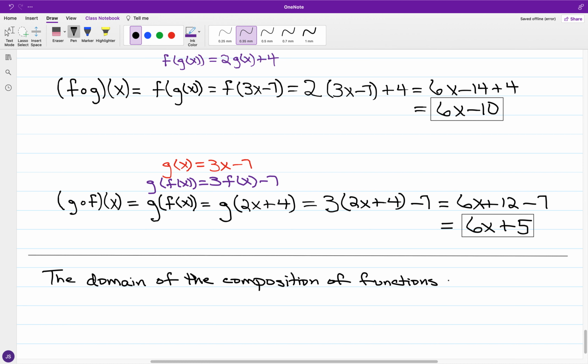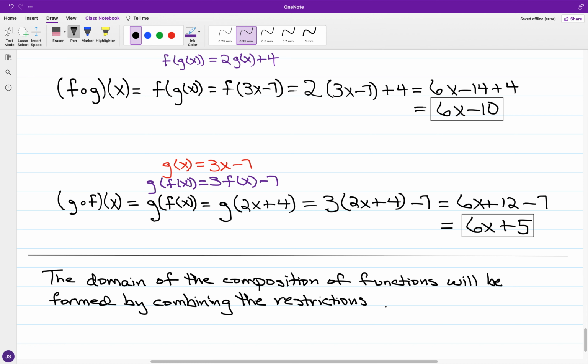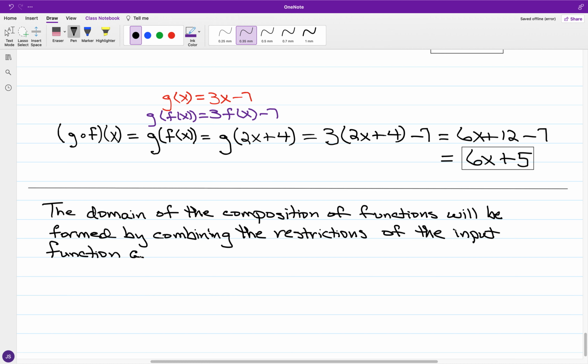The domain of the composition of functions will be formed by combining the restrictions on the input function and the resulting composition itself.